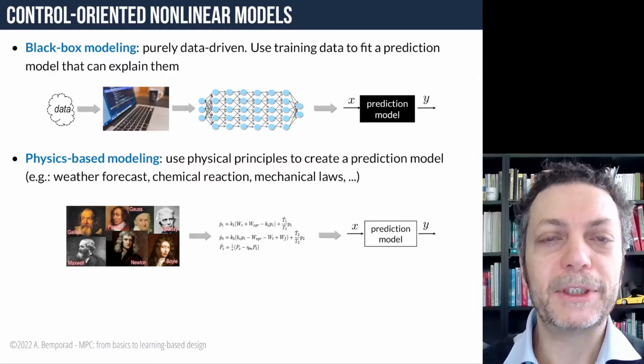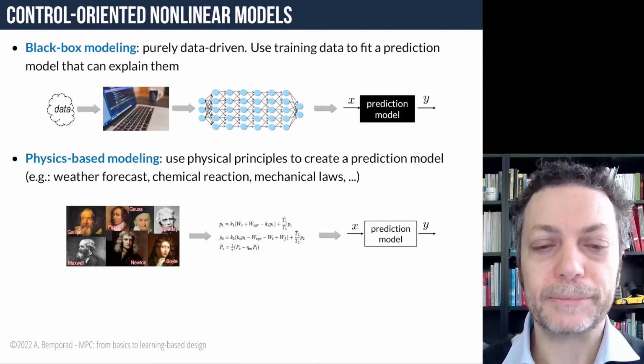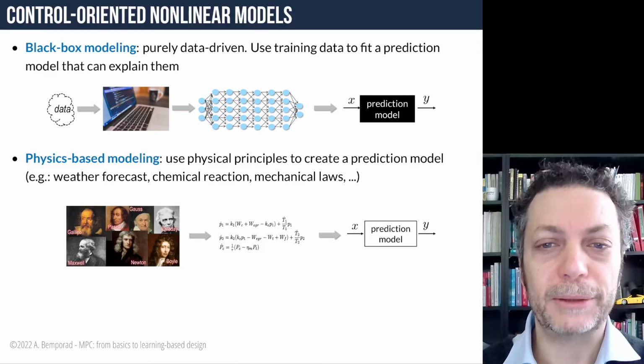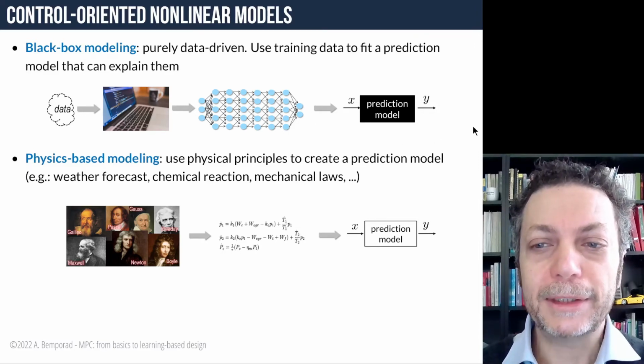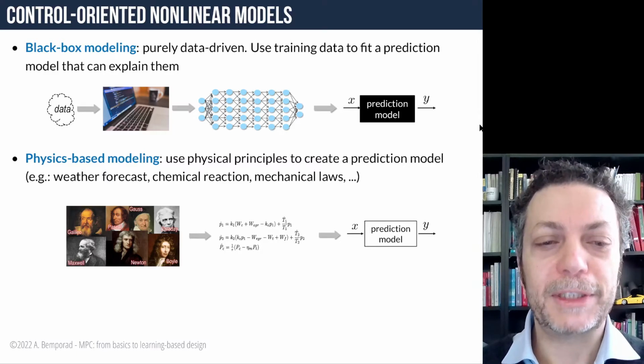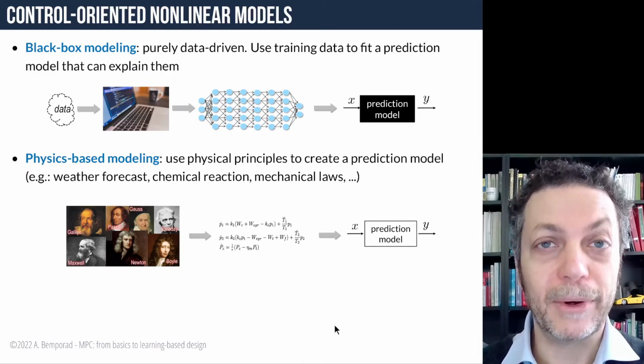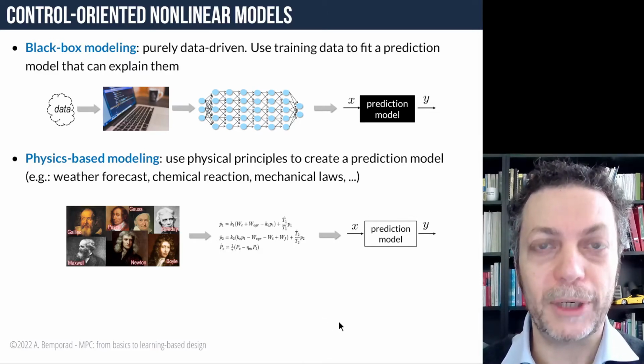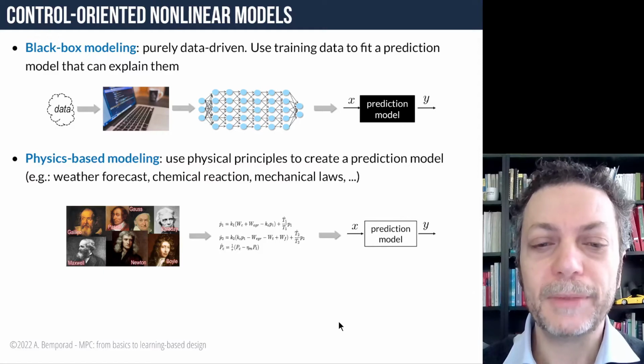The number of parameters you have to tune is smaller compared to the full set of weights and bias terms you have, for example, in a neural network. And it is based on a lot of insight. A lot of smart people over the years have developed good models for the phenomena that you want to model.